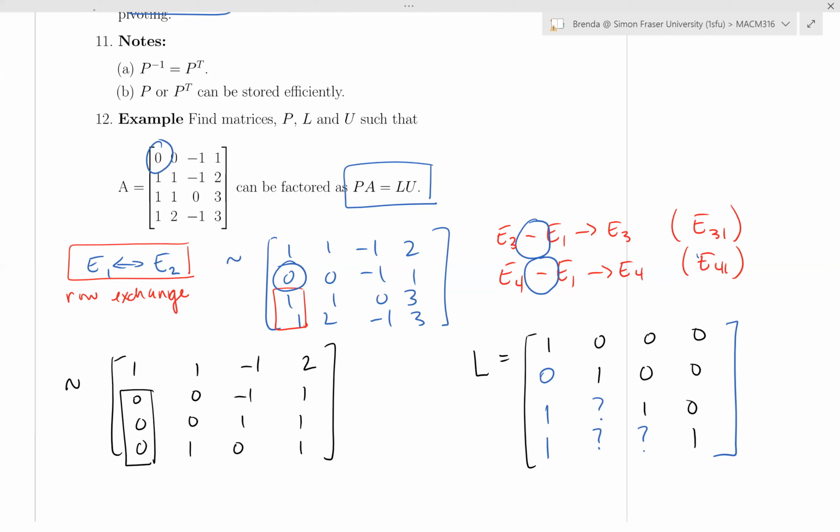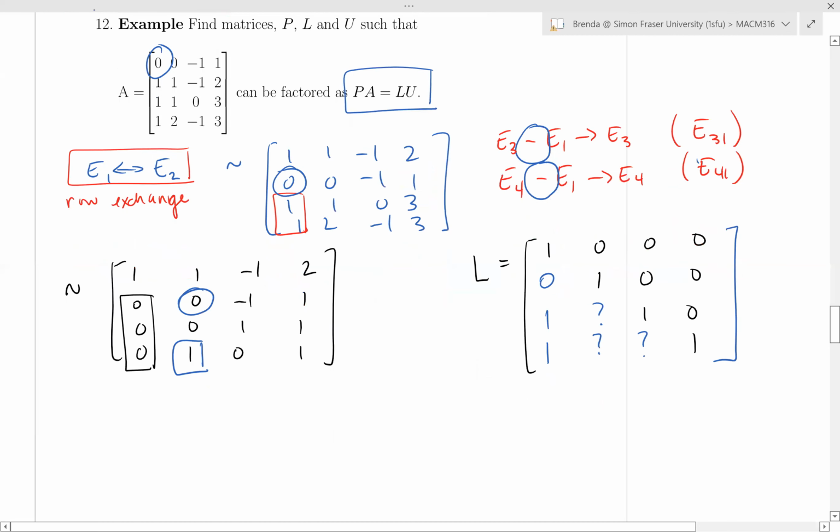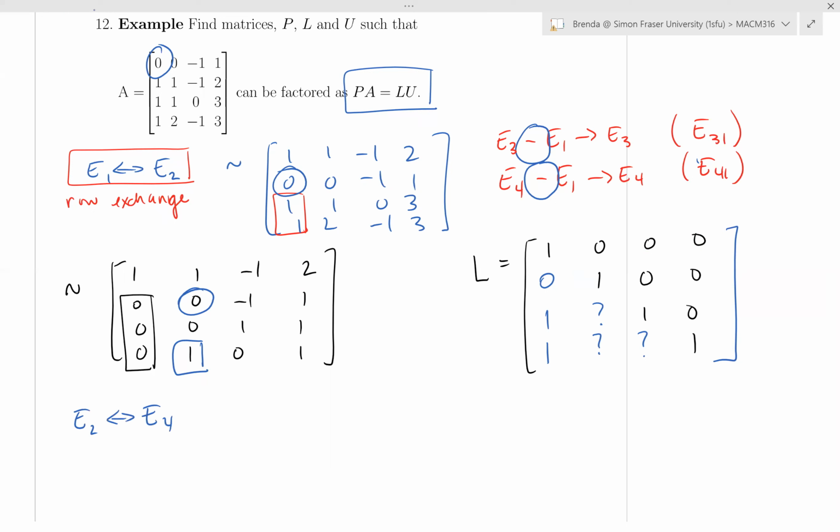So now I'm going to continue along with my operations, and I come to a situation where in the second pivot right here, I have a 0, and I see here I have a 1. Now I have to do another row exchange. I have to exchange row 2. I'm keeping track of these guys.